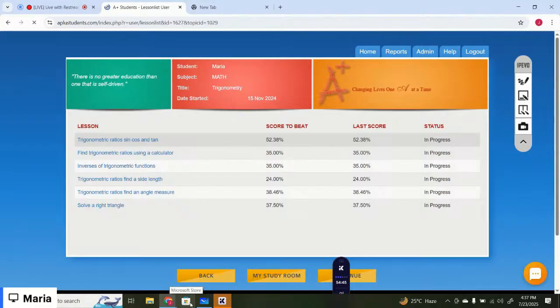The lessons we have covered today are trigonometric ratios find the side length, trigonometric ratios find the angle measure, and solve a right triangle. So please make sure before the next session you can complete all the practice questions for the lessons we just did. That is your homework until next session.